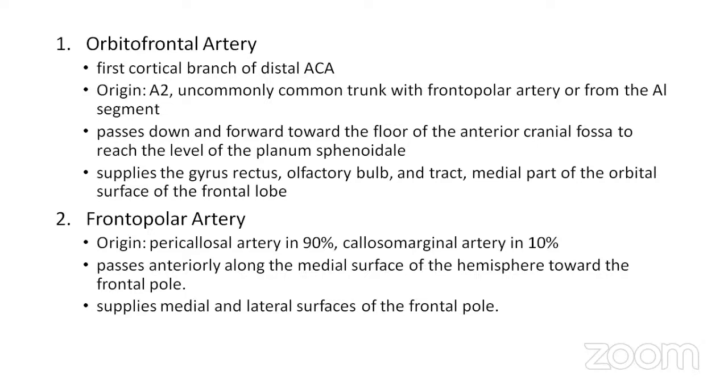Frontopolar artery: it originates from the pericallosal artery in 90%, while from the callosal-marginal artery in 10%. It passes anteriorly along the medial surface of the hemisphere towards the frontal pole and supplies the medial and lateral surface of the frontal pole.